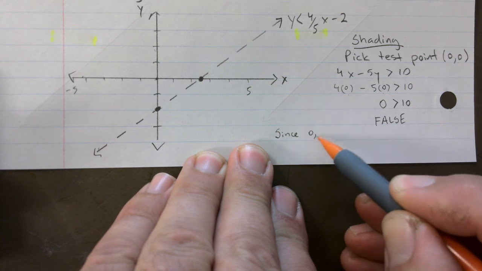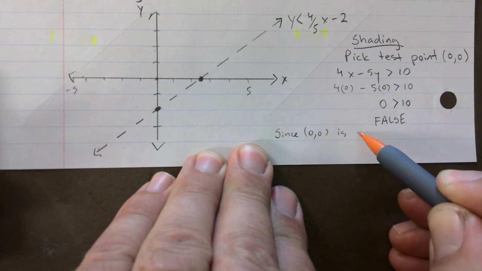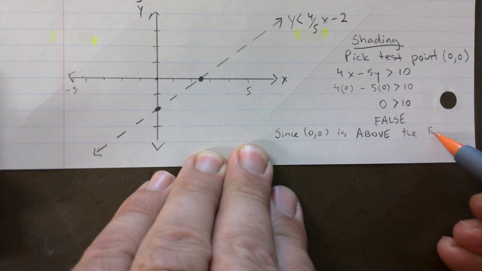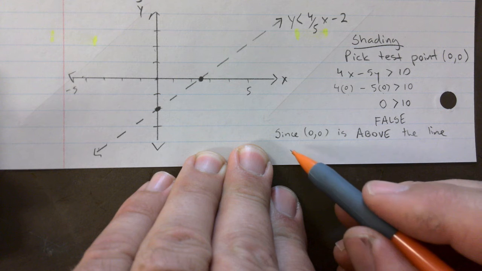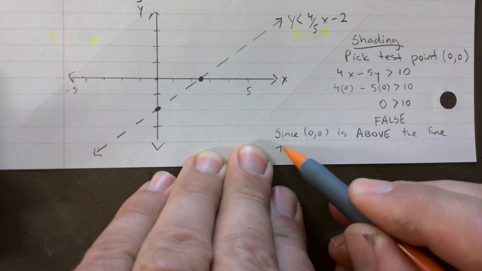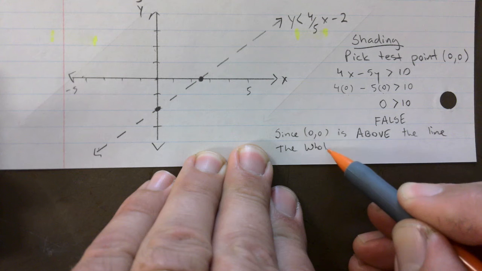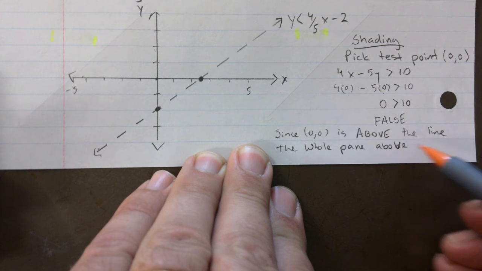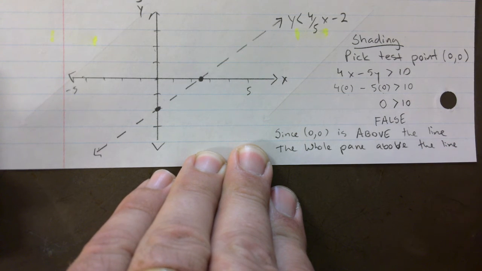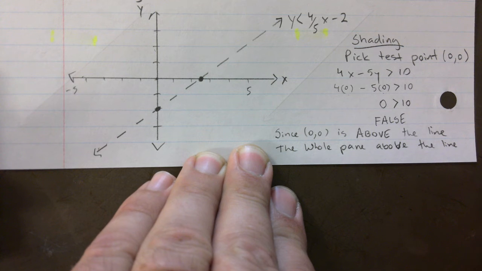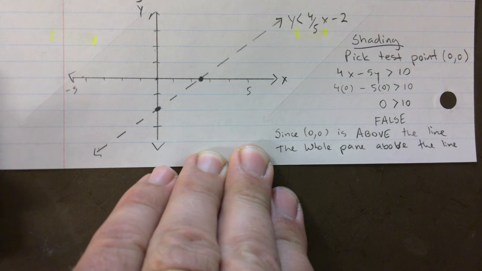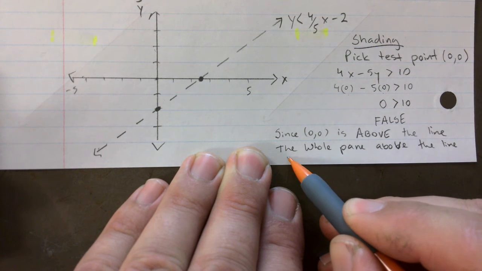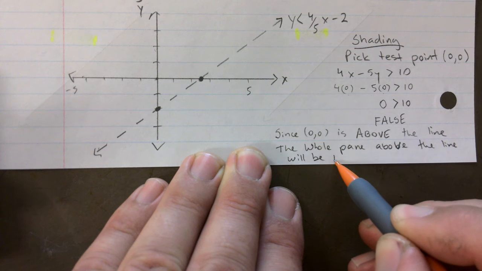Since 0, 0 is above the line, the whole pane above the line will be false.